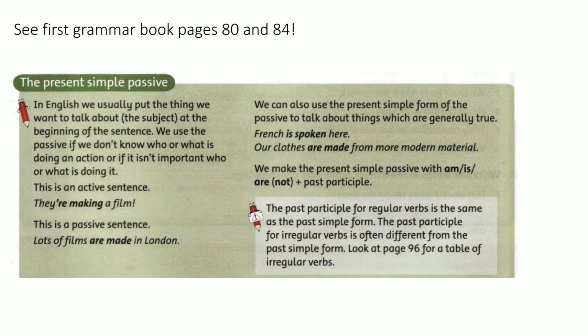If you don't know the irregular verbs, you can see page 96. For example, sit becomes sat. Sat is the past simple, and then we change again into past participle, sat again. Go becomes went in the past simple, then past participle gone.